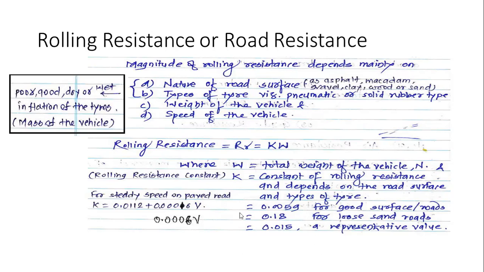Some of the values of this coefficient of rolling resistance: for a good surface, its value is 0.0059. For loose sand roads, its value is 0.18, and a representative value, if in the numerical problem the value is not given and we need to calculate the rolling resistance, in that case we are going to consider this value. So remember this.